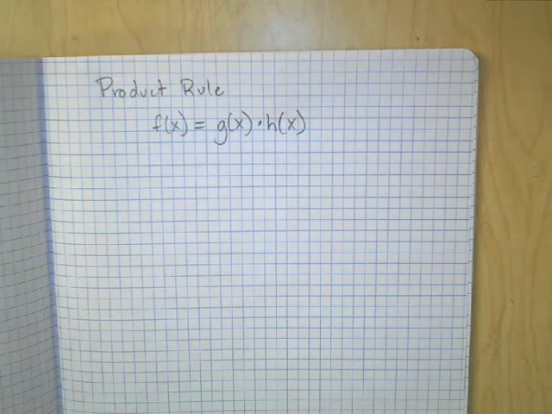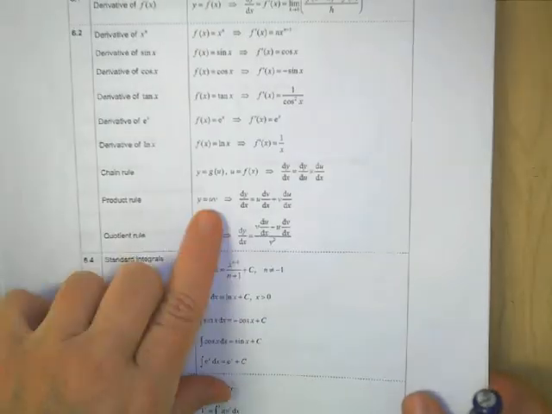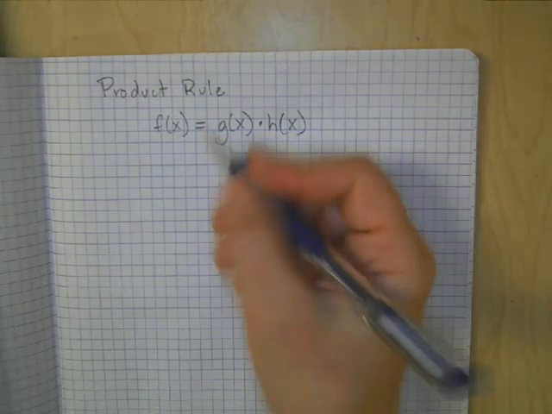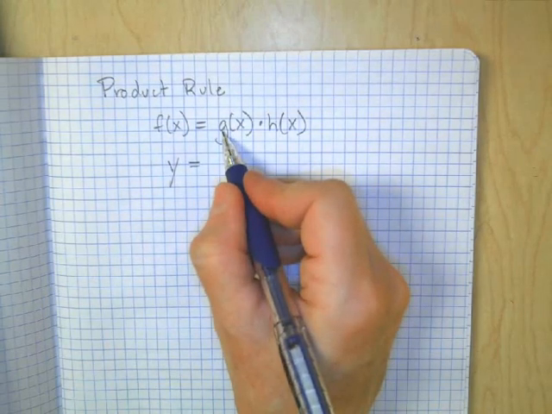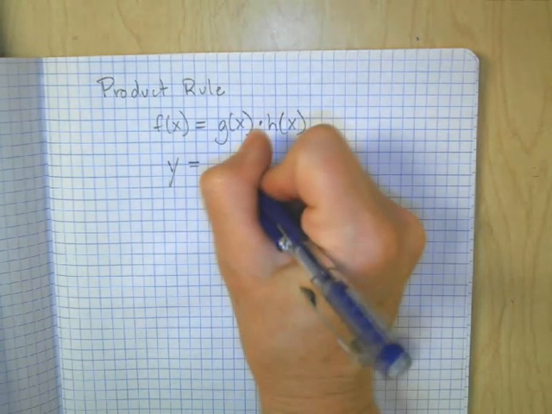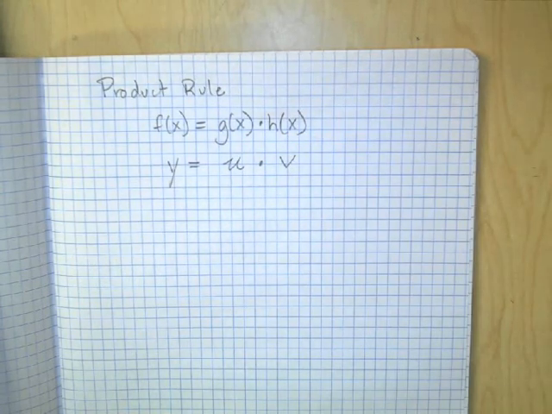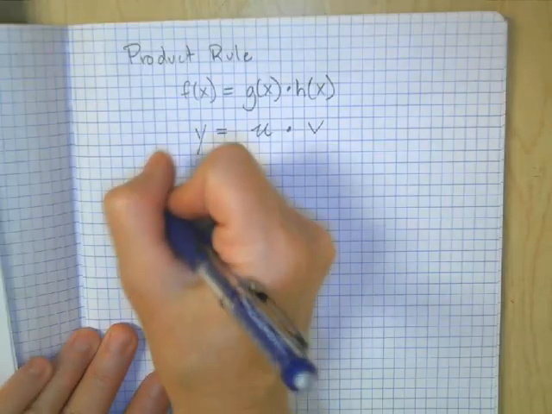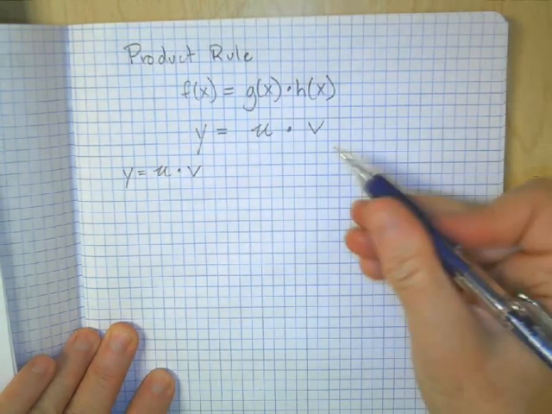Okay, so how do they write it in here? In the formula packet, they change it to y equals u times v. So I'm going to change f of x to y. That's my y. And then I'm going to change g of x, I'm going to call that function u. And h of x, I'm going to call that function v. So I'll do this notation right here, and then the other notation over here.